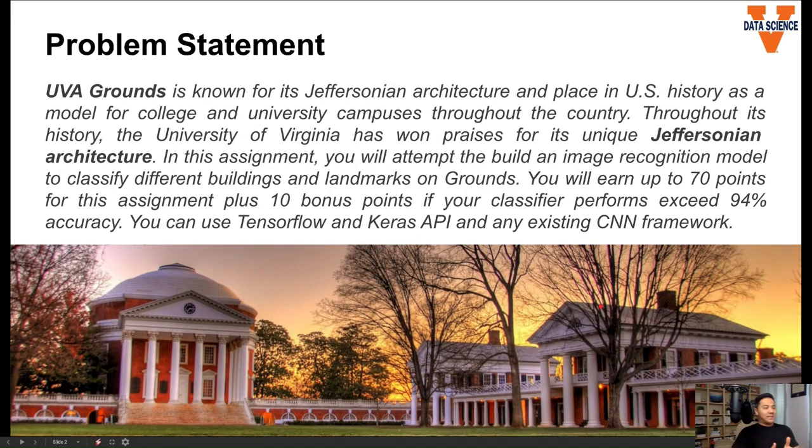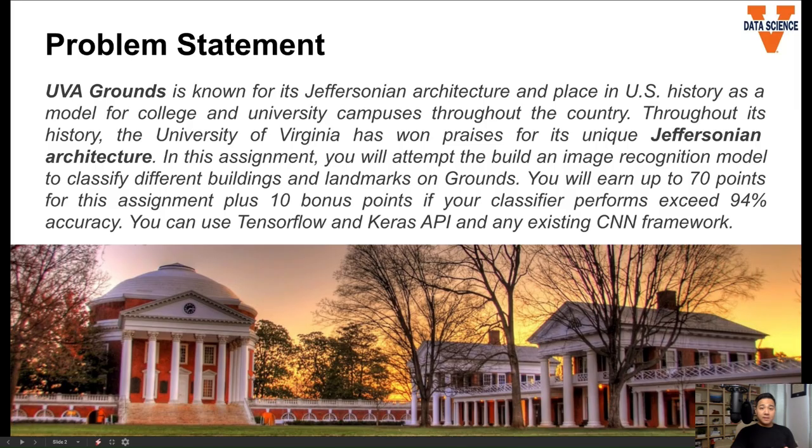So the actual problem statement is that UVA grounds is known for its Jeffersonian architecture and plays a role in U.S. history as a model for colleges and university campuses throughout the country. Throughout its history, the University of Virginia has won praise for its unique Jeffersonian architecture.